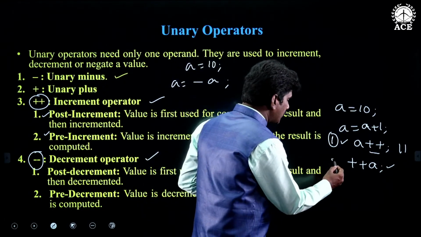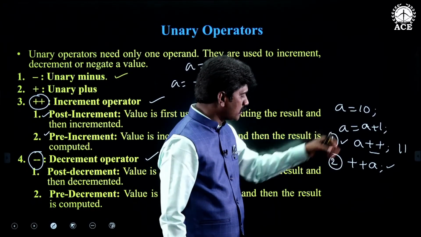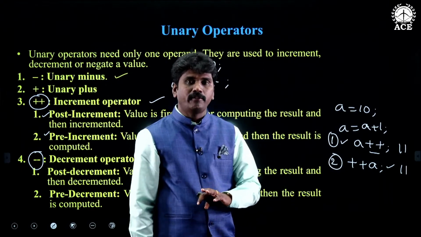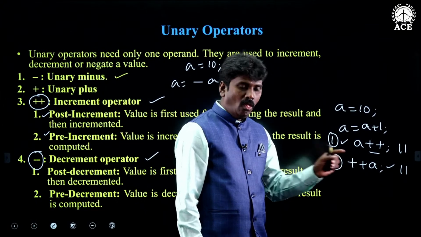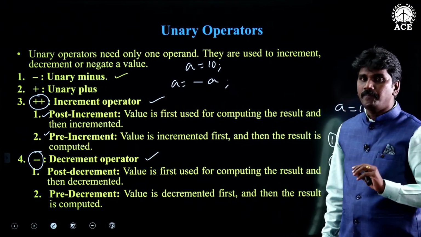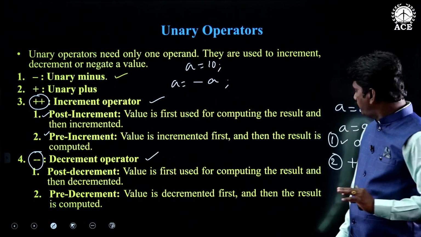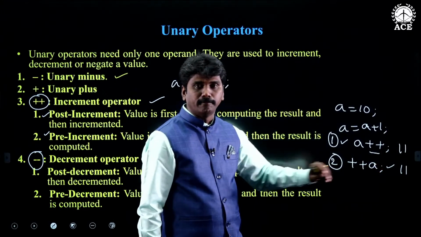In the second case, if we use the pre-increment, in this case also the value is going to be 11 only. Whether you perform post increment or pre-increment, if we use the operator on the variable alone, then there is no effect. In both the cases, the result is going to be the same.